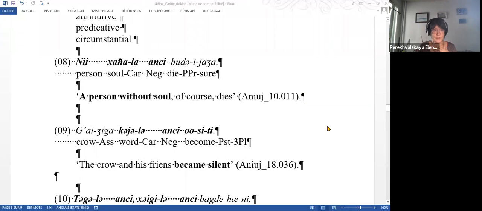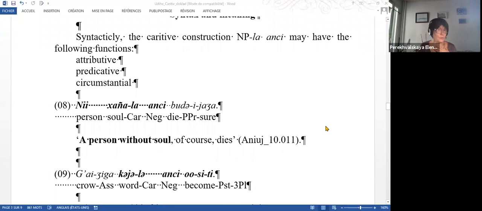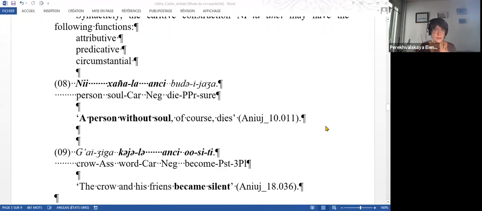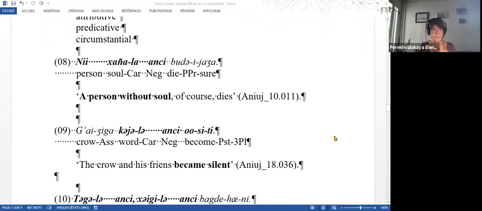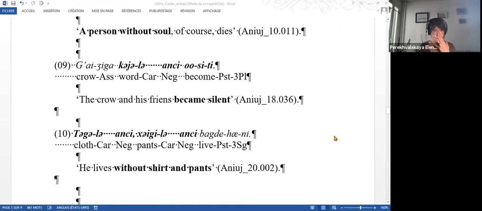Now, here we have the example of predicative usage. They became without word. Keye is word, kelanchi without word. Then we have circumstantial.